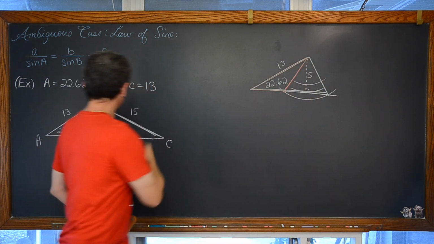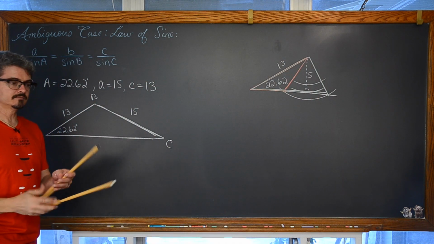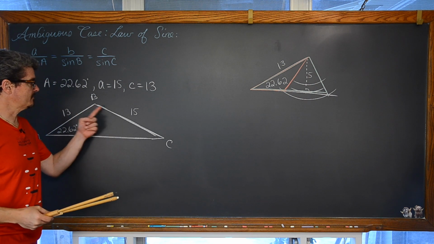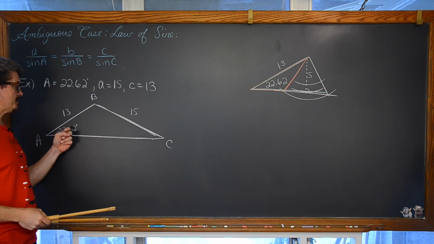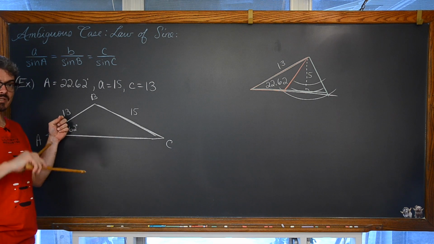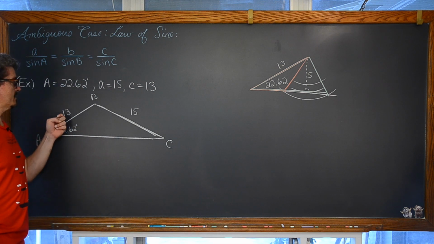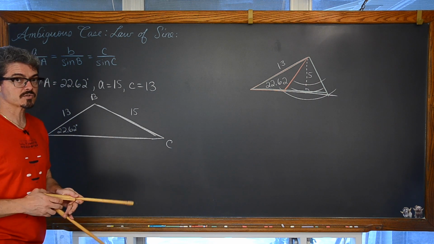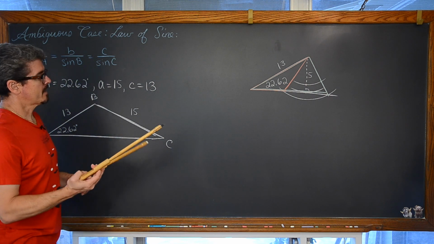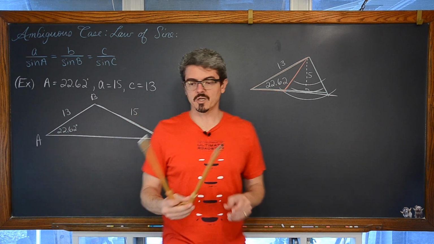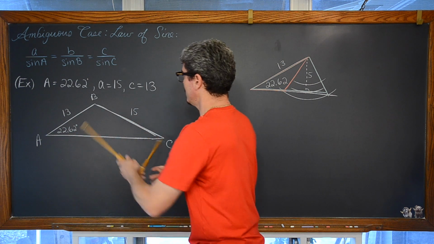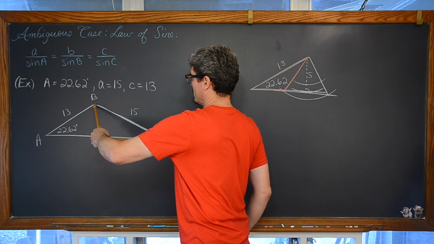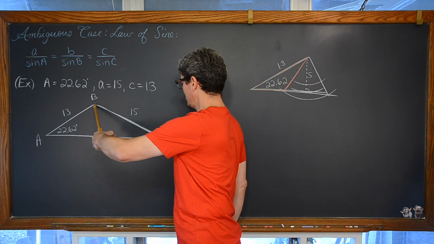And now we have a length of 15. If the length opposite the given angle is simply longer than the side adjacent to the angle, you are only going to get one triangle. What happens if you try to open up a compass and rotate it around to see where the creation of that second triangle would occur?